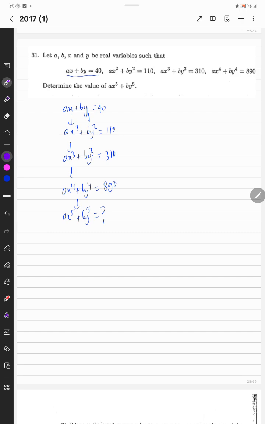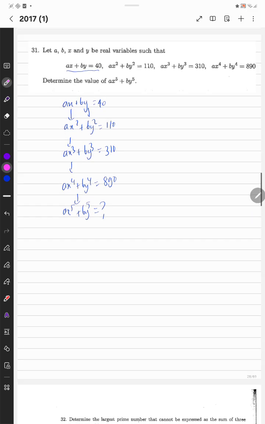How we can work this out is by observing the pattern that is going on, the relationship between the data that we were given. What's the relationship you can observe here? There's ax² + by², and the next term is ax³ + by³, so the square is turning into a cube.